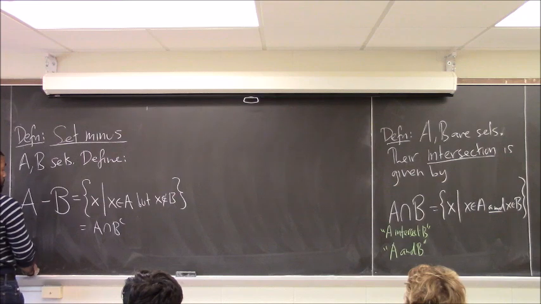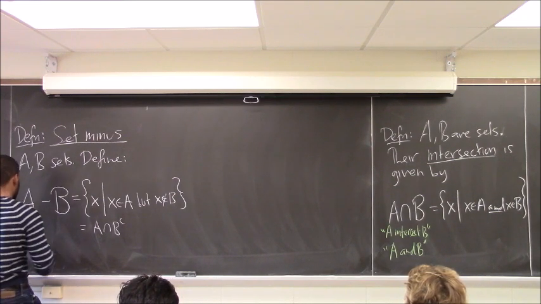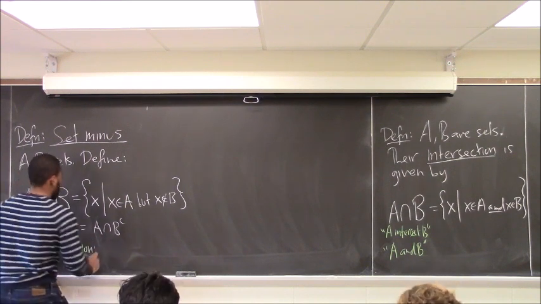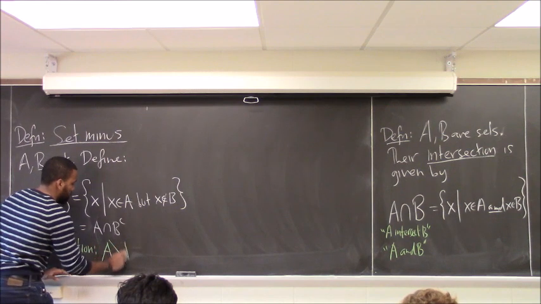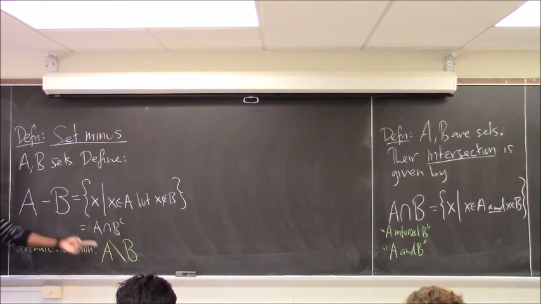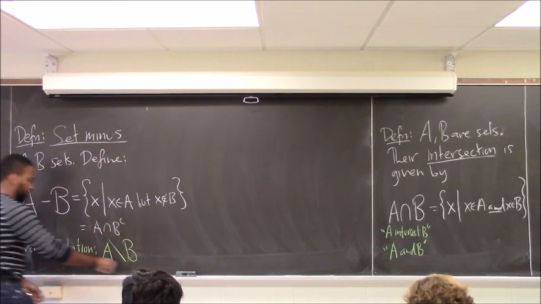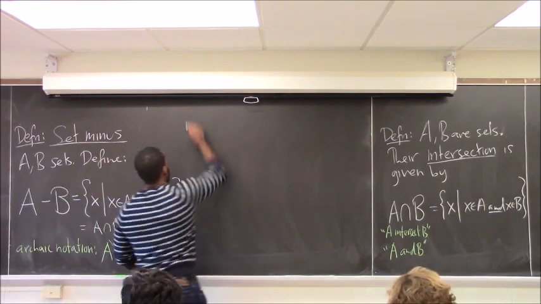So sometimes you might read that as A minus B. A more archaic notation, which not many people use, but you might see it just in case, is A backslash B. It means the same thing as this. But all the cool kids use this these days. It's more kit notation.